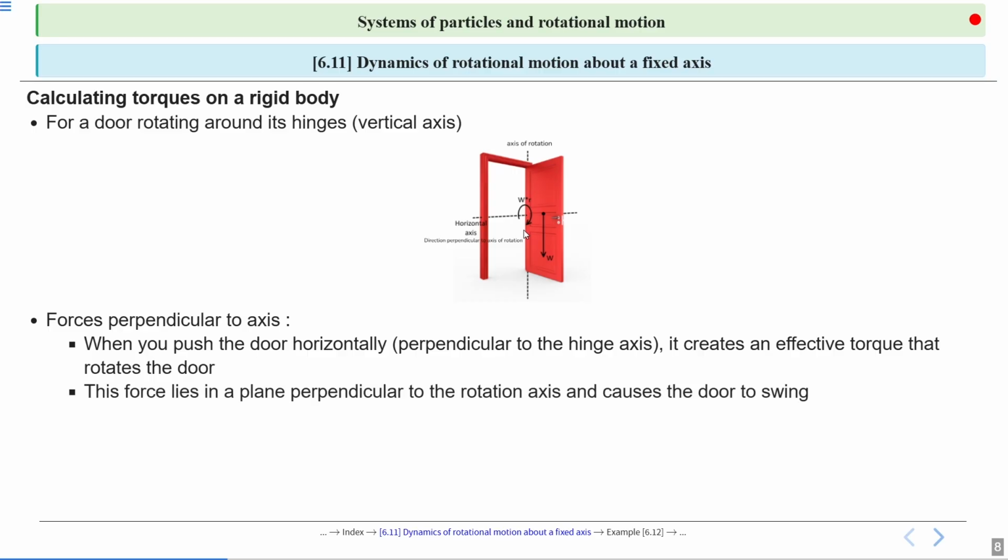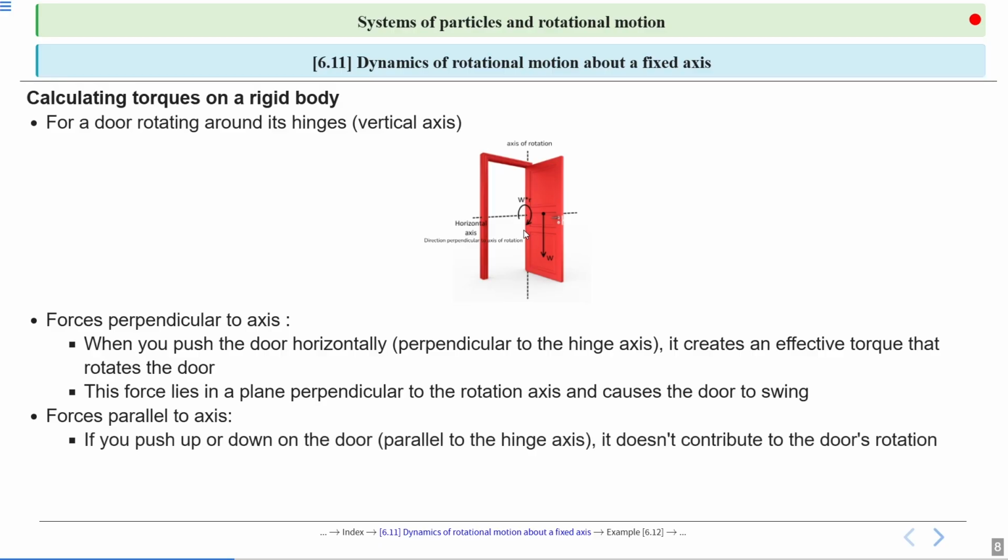All right. Now imagine you try to push the door up or down, like trying to lift or press the door vertically. These forces are parallel to the axis of rotation. So in that case, what happens?